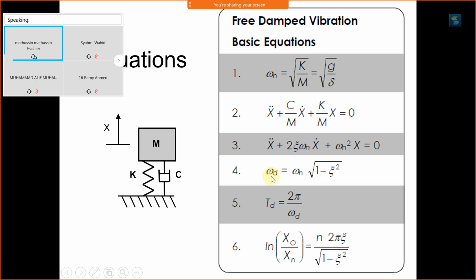You must know how to find omega D, which is damping frequency. And also T adalah dia punya period of time lah. Alright, and then the last one is about the ratio between the initial and the final displacement. Alright, and then this is our equation.